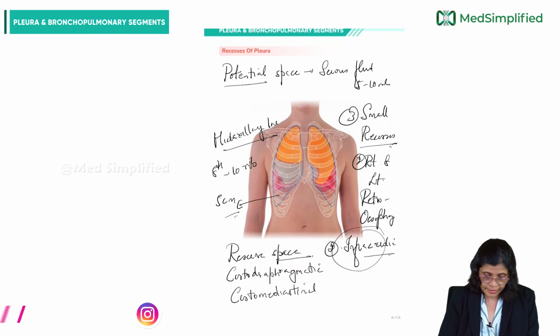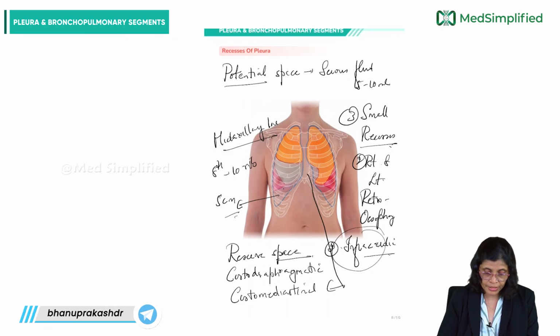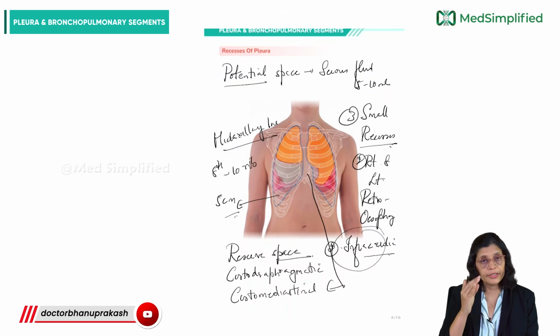That is anteriorly between the costal and the mediastinal pleura, and lies between the sternum and the costal cartilages. Here, the right costomediastinal recess is occupied by the anterior margin of the right lung, even during quiet breathing.